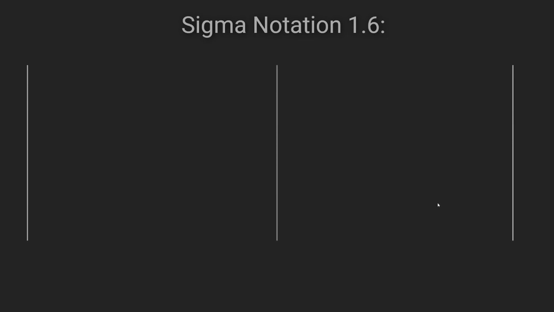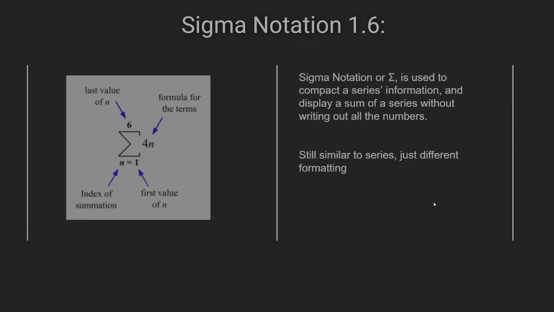For the sixth lesson of the first unit, it's sigma notation. You might or might not have seen this in previous courses, but it is essentially a way of compacting the information that is provided in a series. This type of notation displays the sum of a series without writing out all the numbers.